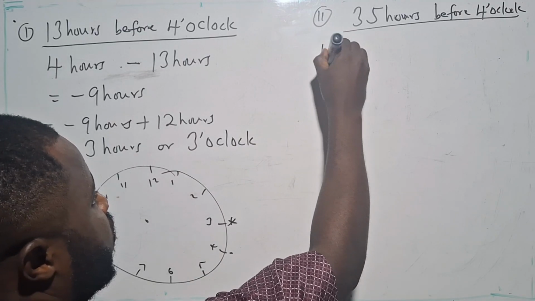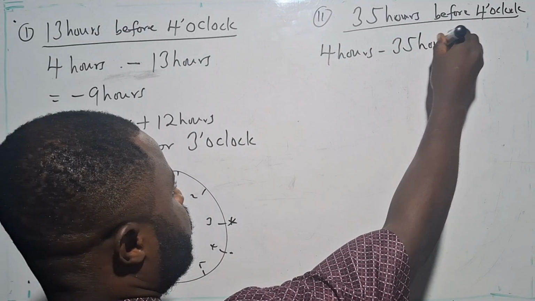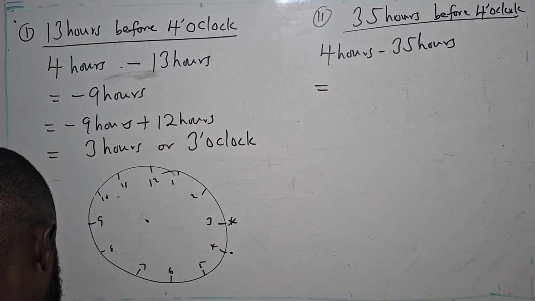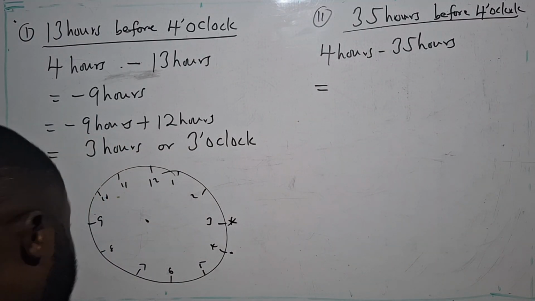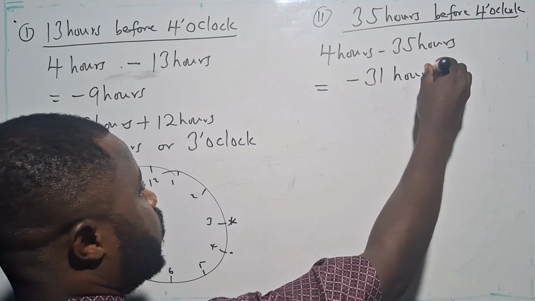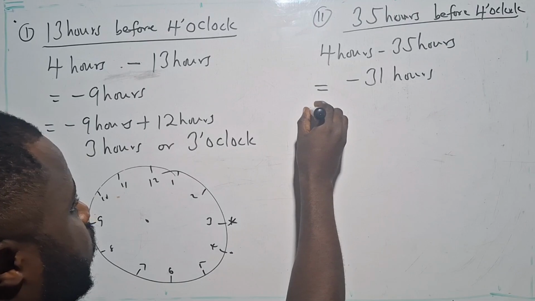So it's still going to be our 4 hours or 4 o'clock minus the 35 hours. So 4 minus 35 is going to give us negative 31 hours. Negative 31 hours. And we have to add 12 to obtain our first positive.